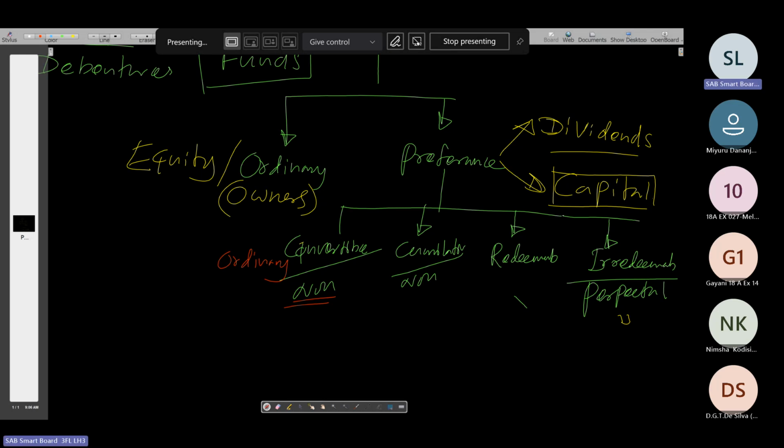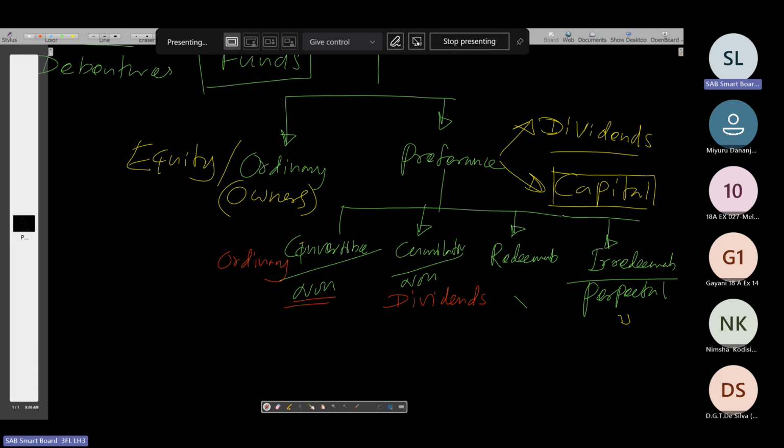Cumulative means they are entitled to receive dividends on a cumulative basis. It means if in a particular financial year the company is unable to pay dividends due to lack of profits, then before paying dividends to ordinary shareholders, the company has to pay the arrears of dividends to these shareholders.